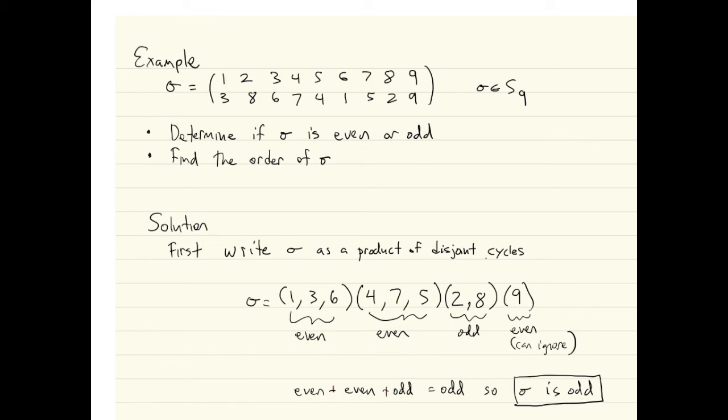If there had been two odds, then an odd plus an odd is an even number. But if we just have one odd, then the answer is going to be odd. So sigma is an odd permutation.